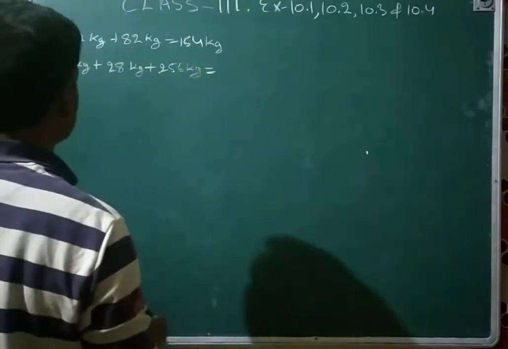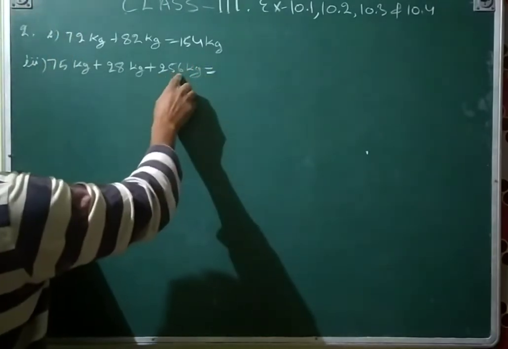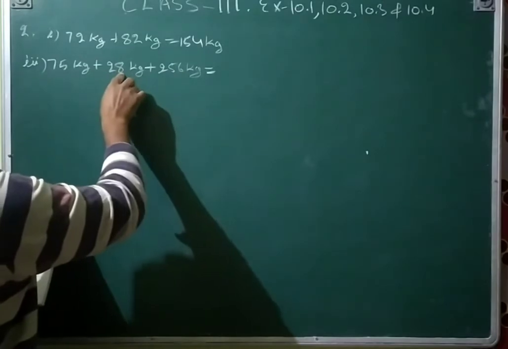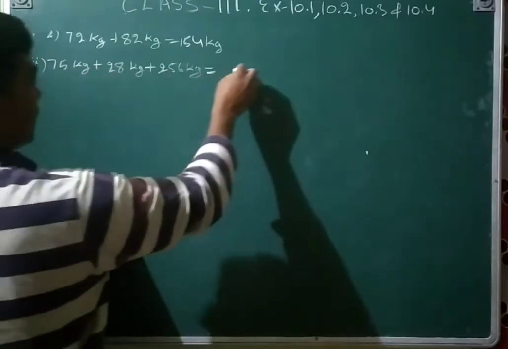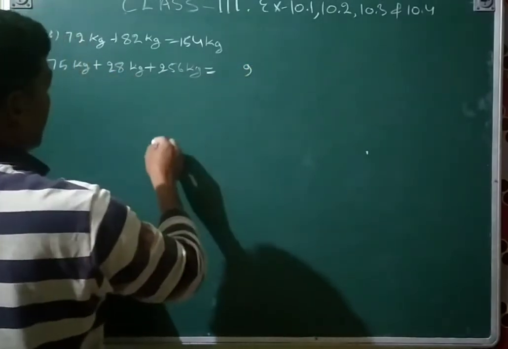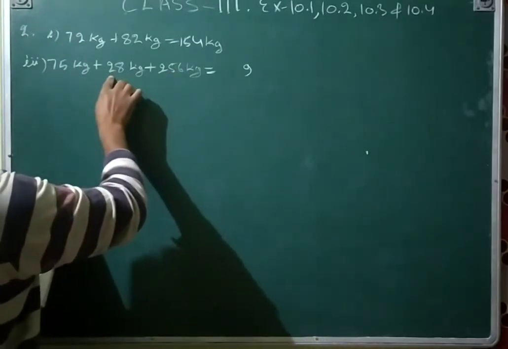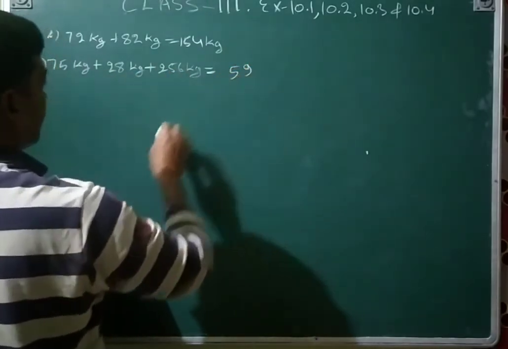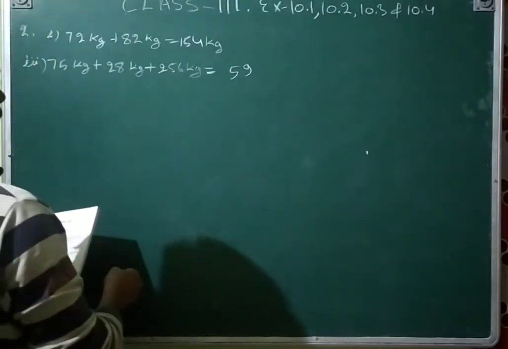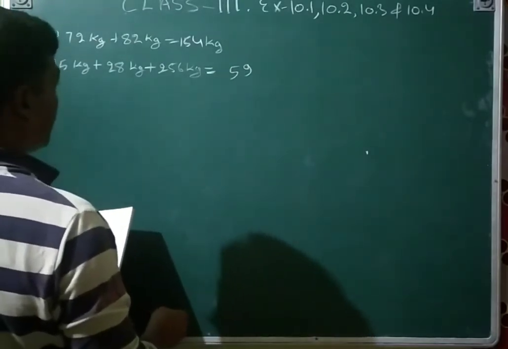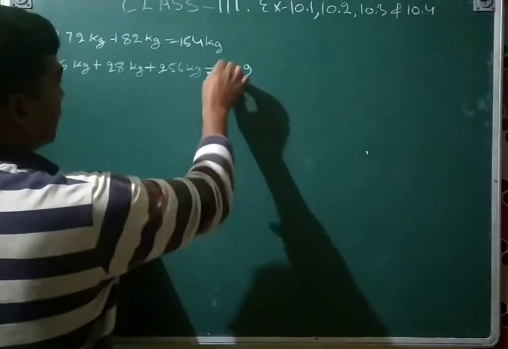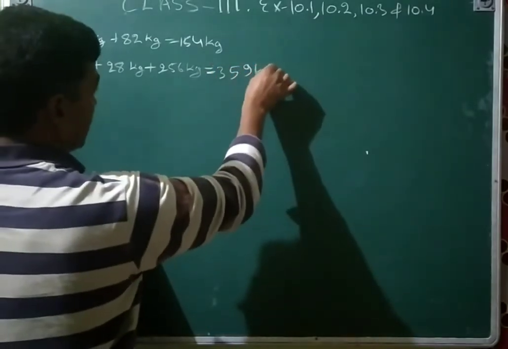By addition, 6 plus 8 is 14, 14 plus 5 is 19, carry 1. 5 plus 1 is 6, 7 plus 8 is 15, carry 1, and so the answer is 1213 kg.